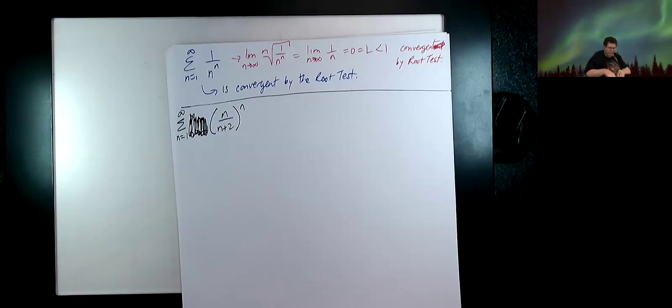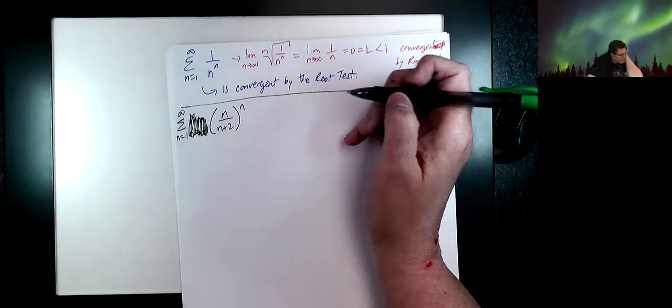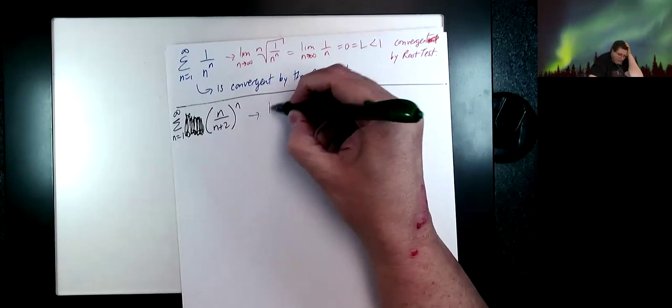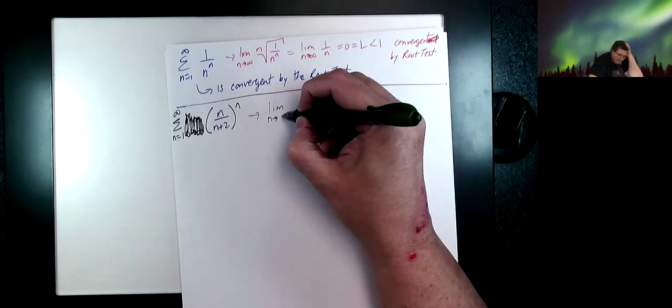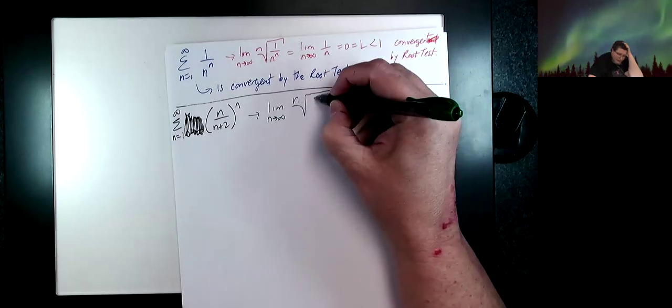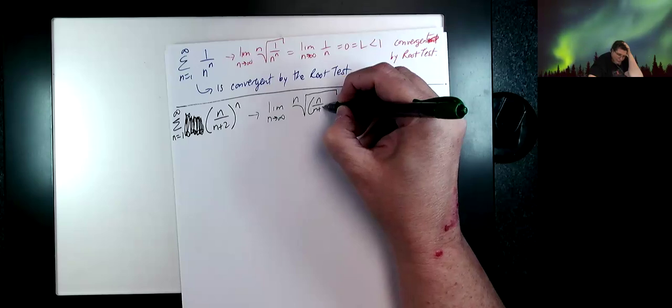So this is not going to look helpful for the ratio test. I'm not even sure where to begin with a divergent or p series or anything, but I have an nth power. So let's try the nth root. Let's do the limit as n goes to infinity of the nth root of n over n plus 2 to the nth power.